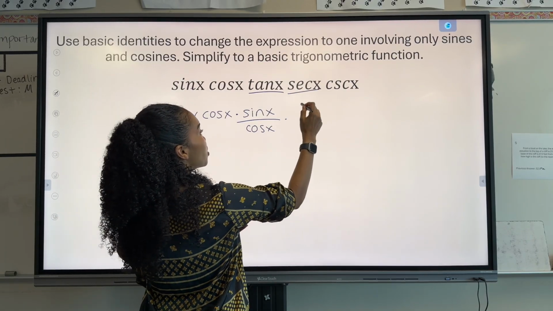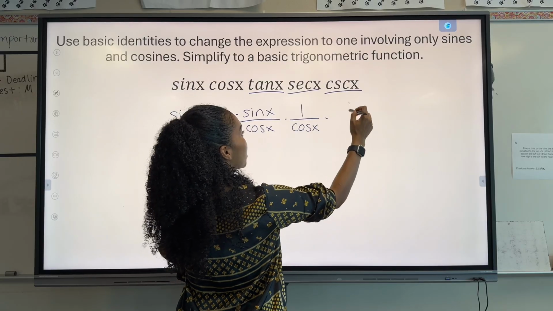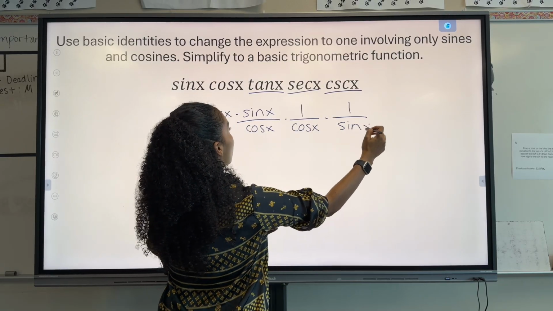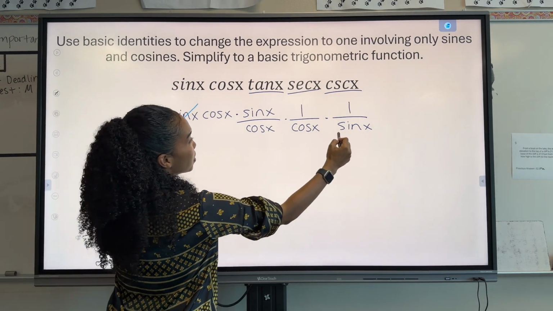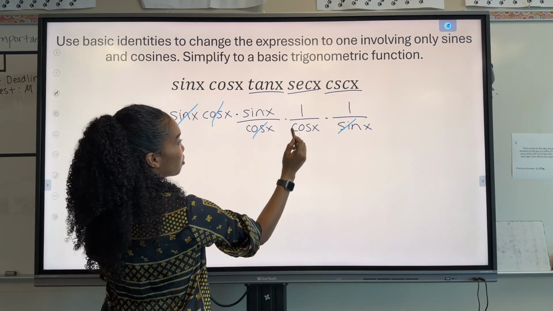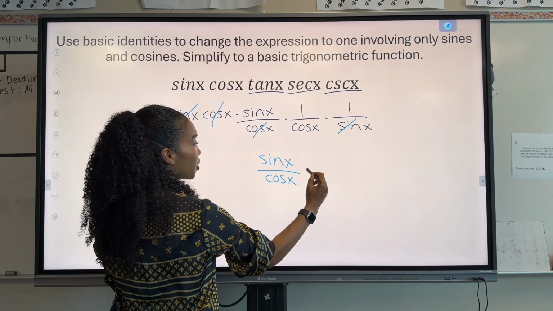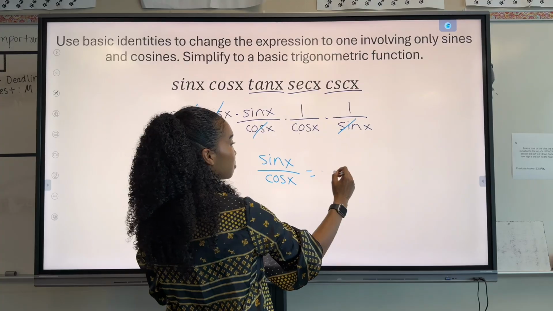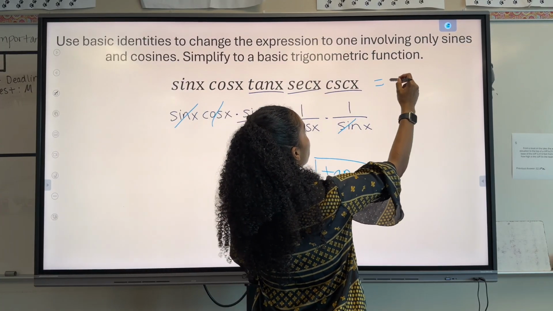Secant can be written as 1 over cosine, and cosecant can be written as 1 over sine. All right, now let's start canceling things out. This can cancel with that can cancel with that. I'm left with a sine over a cosine. And guys, what is sine over cosine? Tangent. So all of that just equals tangent.